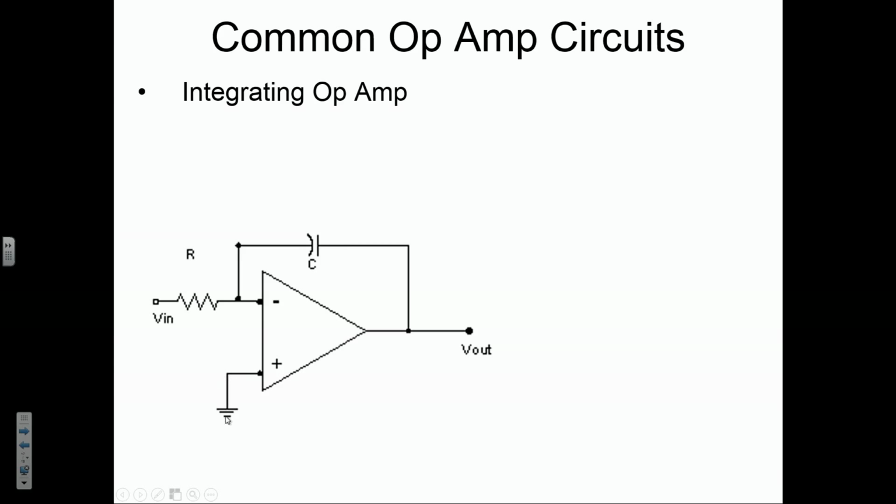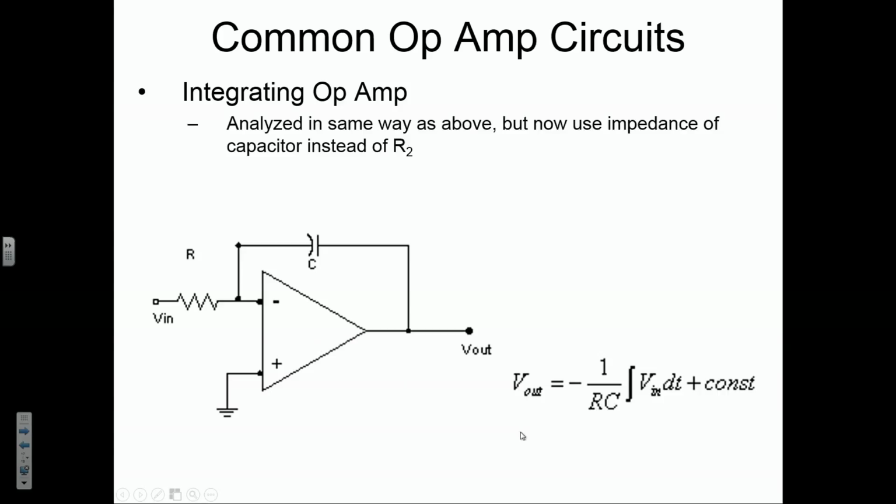The non-inverting input is connected to ground, and V out in this case is equal to minus 1 over RC, and the minus is because it's on the inverting terminal. 1 over RC, RC becomes the gain term, times the integral of Vin dt plus some constant. Okay, so it integrates this over some time.